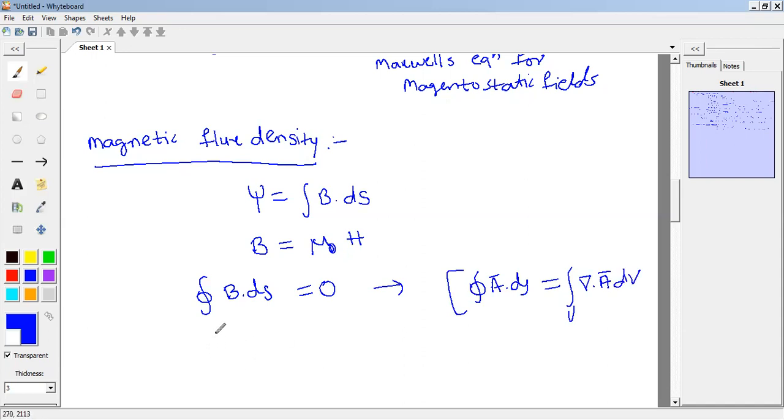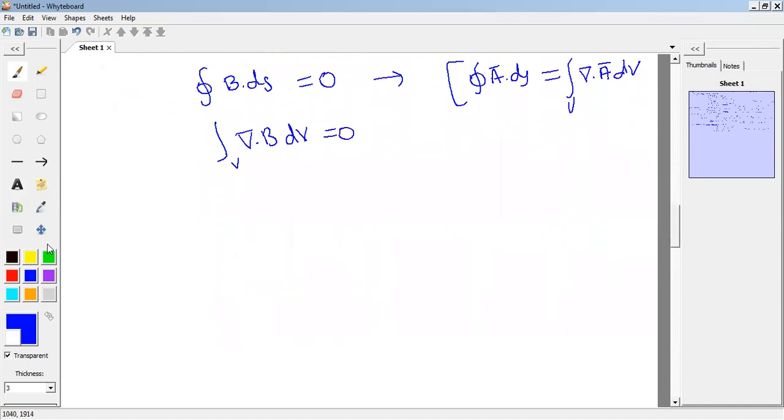Then this equation we can write as the volume integral of del dot B into dv equal to 0. From this equation we can write del dot B equal to 0.